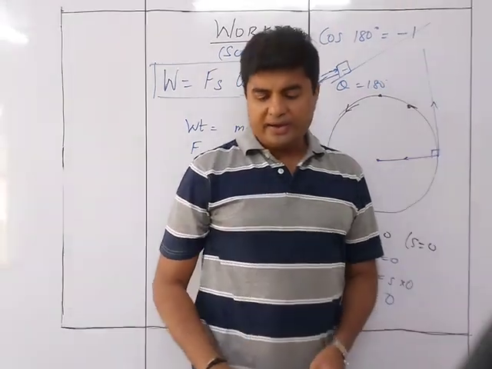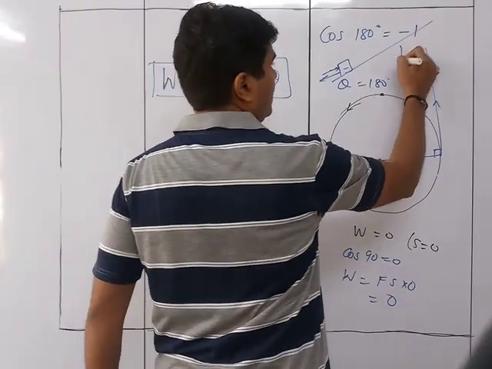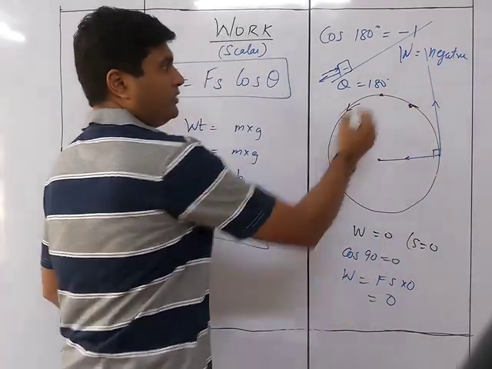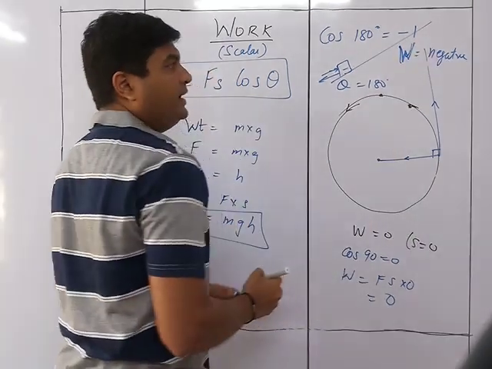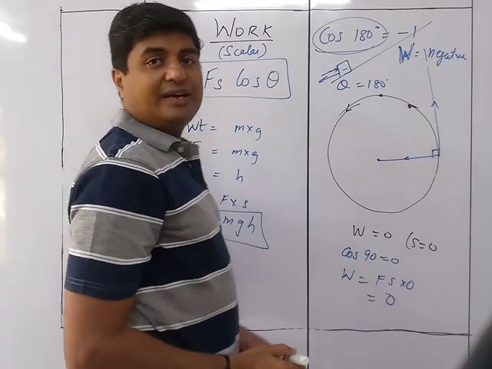Okay, cos 180 degree is -1. That is why you will find that the work done will be negative. So work done W will be negative if theta is 180 degrees.